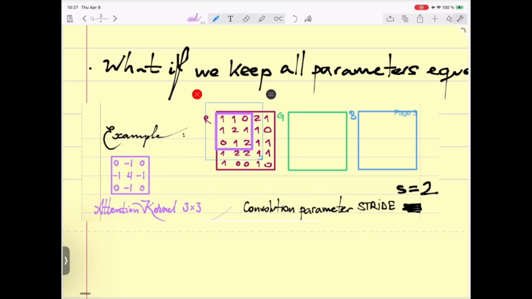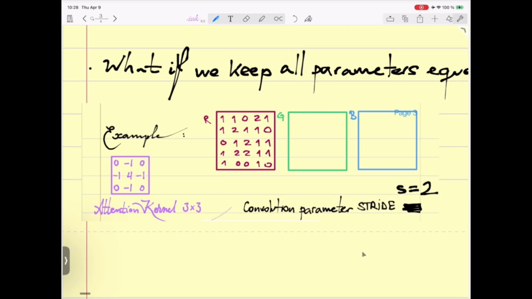The first one is the same, but then we jump not 1 pixel, we jump 2 pixels. 1, 2. And then we don't jump 1 pixel down, we jump 2 pixels down. 1 and 2. So what we're getting, in fact, is a 2 by 2 matrix.